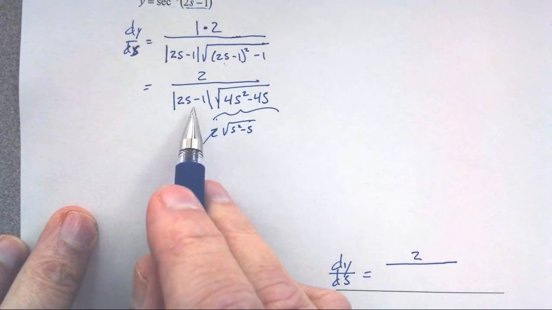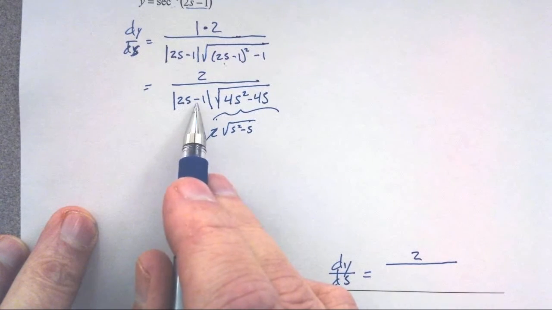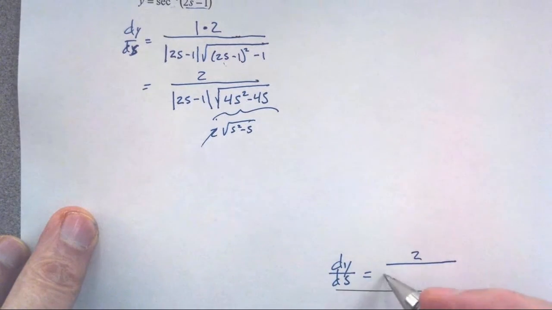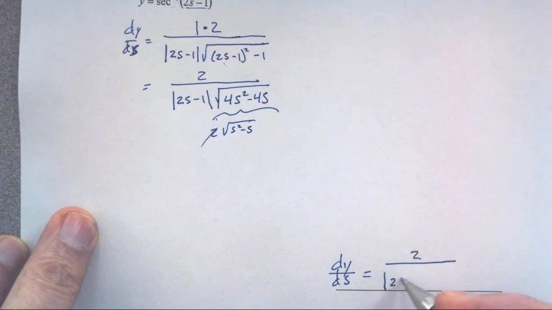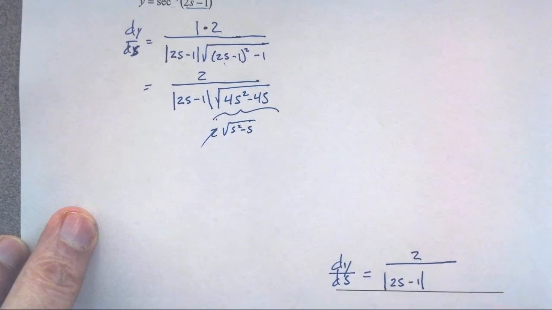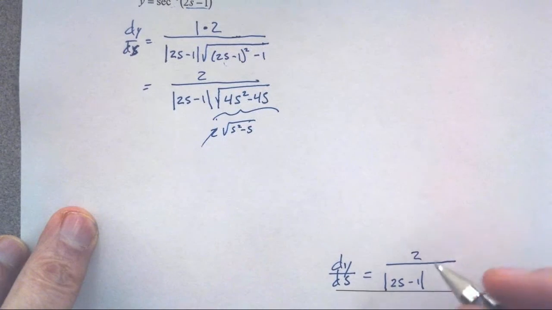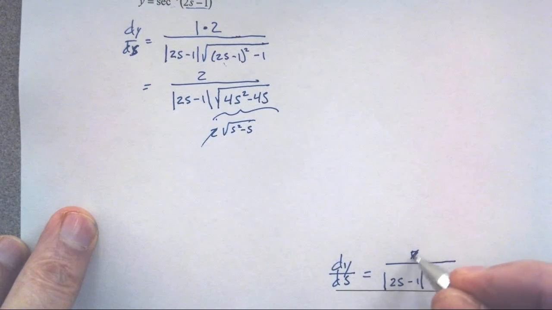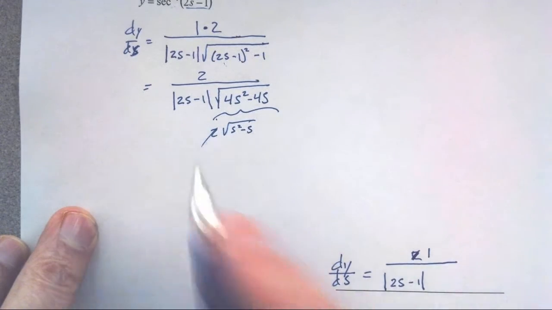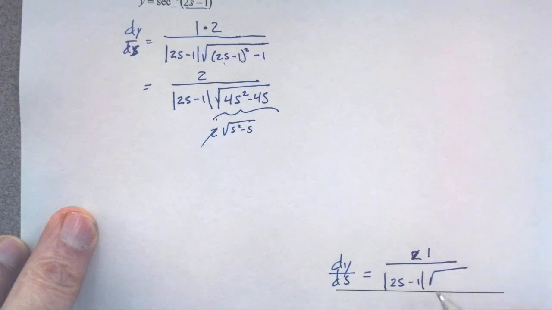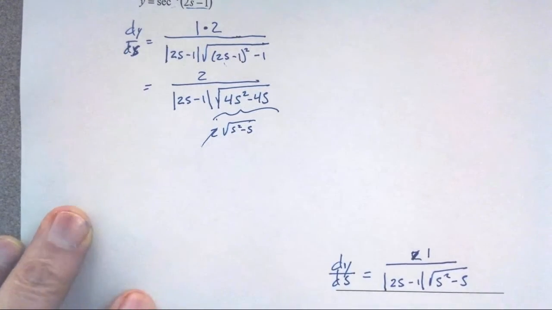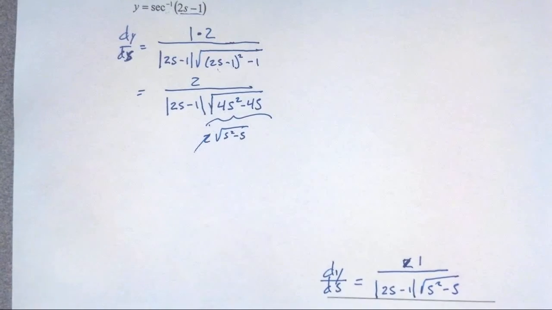Sometimes we can cancel the absolute value, but 2s minus 1 could be a negative number, so it stays in play, 2s minus 1, but I'm left with, oh shoot, and I canceled that, sorry, that should be a 1, and I'm left with just the square root of s squared minus s. Okay, let's move on from there. That's number 10.